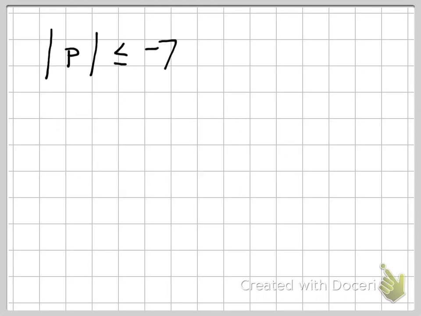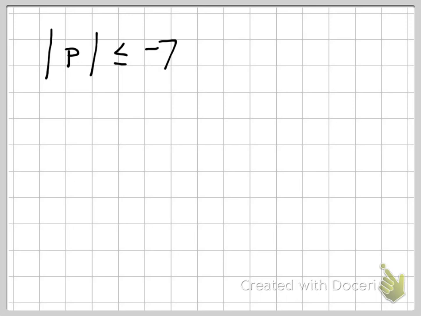Now I'm going to show you some of the special case problems. The absolute value of p is less than or equal to negative 7. What absolute values are less than or equal to negative 7? None of them. All absolute values are positive, remember?